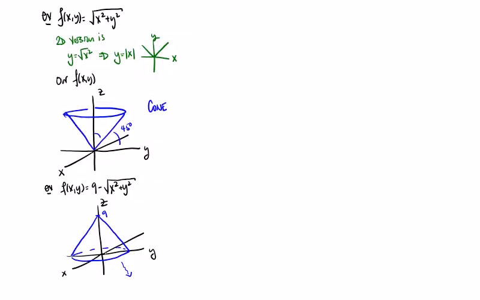I'll do 2 more. Actually, let me do 3 more. I'll do one that opens up. So we could do -3 plus the square root of x squared plus y squared.